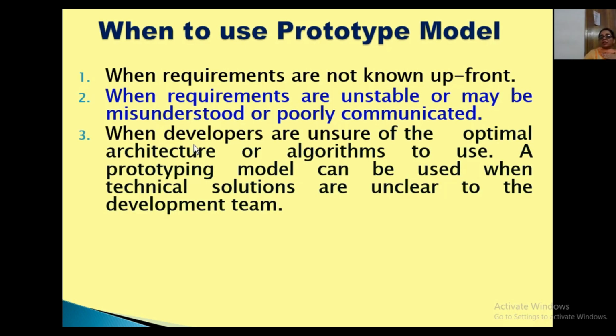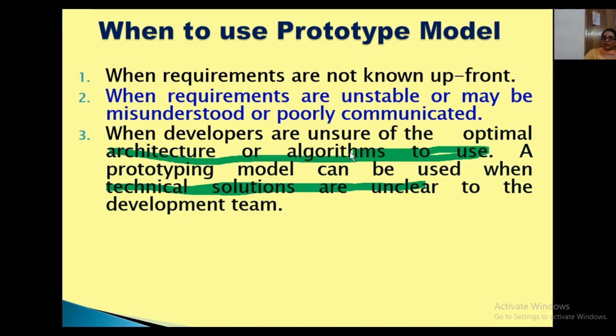When the developers are unsure of the optimal architecture or algorithms to be used. When developers do not know exactly which algorithms will be used in the future, a prototyping model can be used. When technical solutions are unclear to the team, when you do not have clear technical solutions, the prototyping model can be used. When you do not have an architecture or algorithms to be used clearly known, it is better to use your prototyping model.